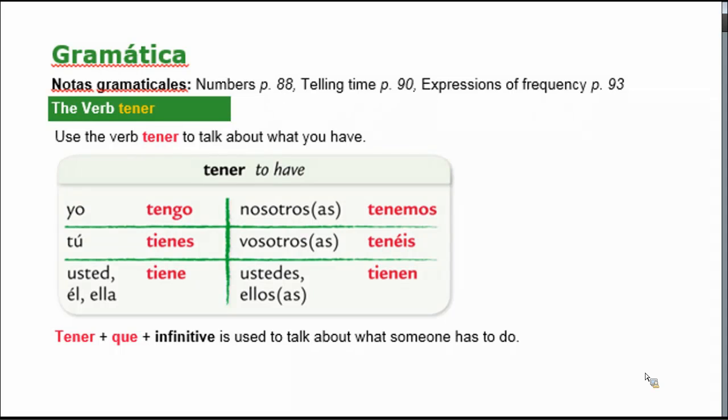Okay, so let's talk about that verb tener. Tener. It's a really useful verb. You're going to use it all the time speaking Spanish, right? We use this word in English all the time. Okay, so conjugations. Conjugations are the changes of the verb depending on who is talking.